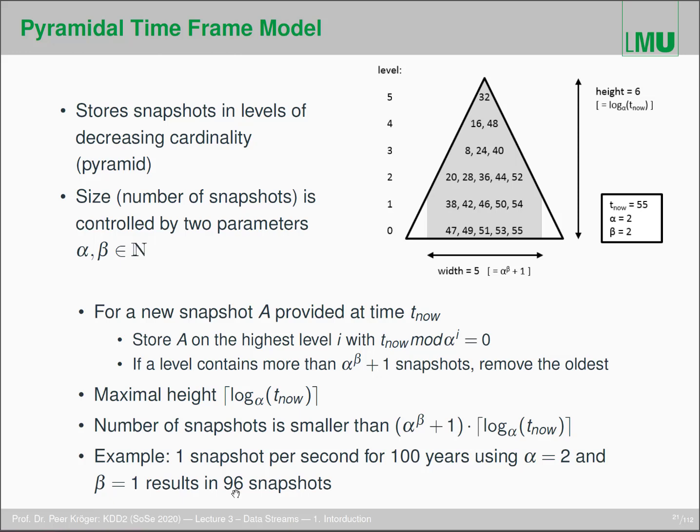So only 100 snapshots are stored at a time if you want to manage 1 snapshot per second for 100 years. So that is a very storage efficient thing. On the other hand, of course, it means that you do not store a lot of snapshots that you may want to keep or may not want to keep, whatever.